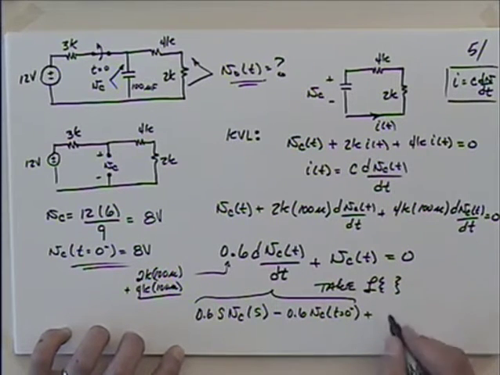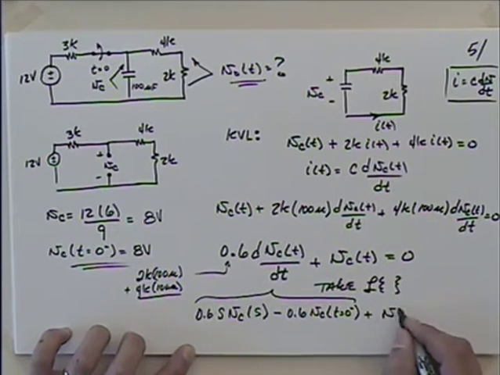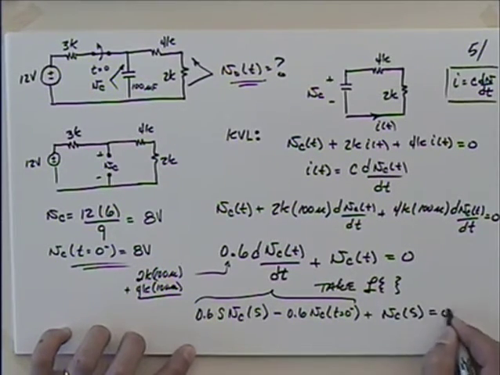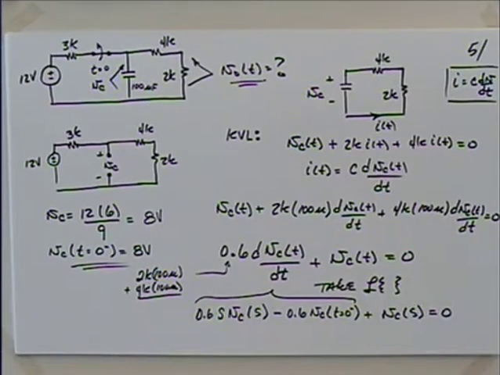And then this one is just going to be v sub c in the s domain is equal to 0. That's the value at the capacitor before you throw the switch. That's part of the rule for the derivative.